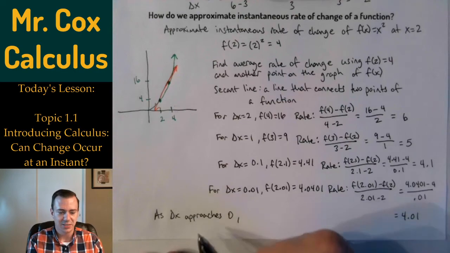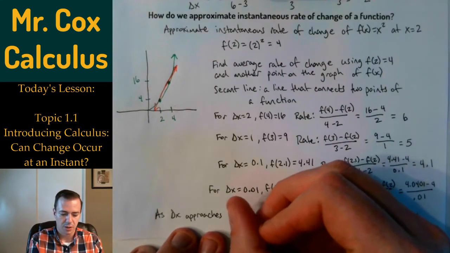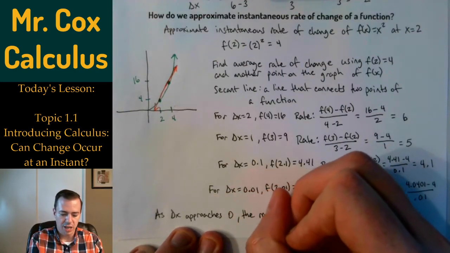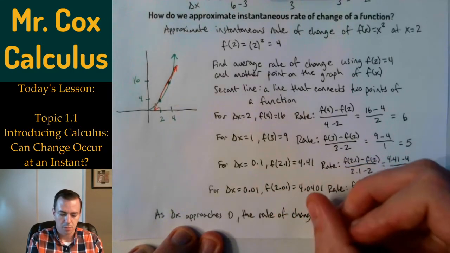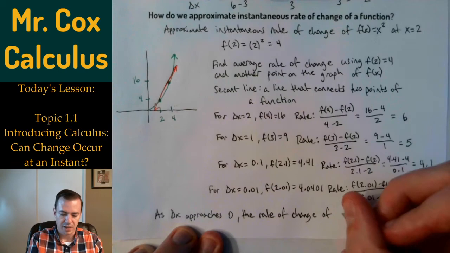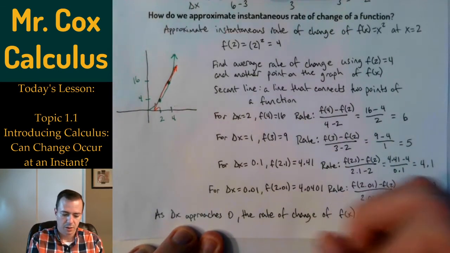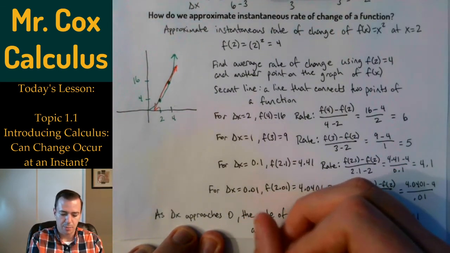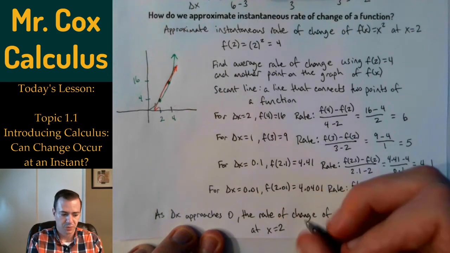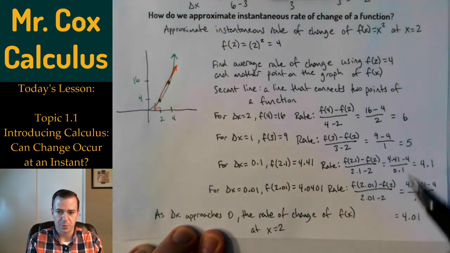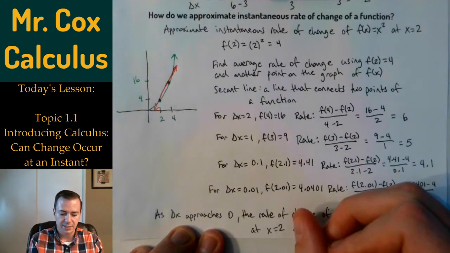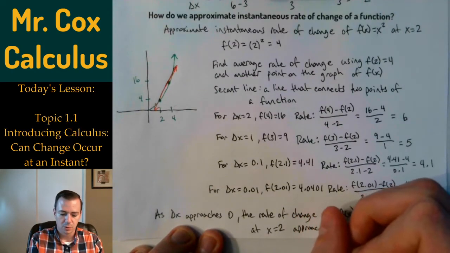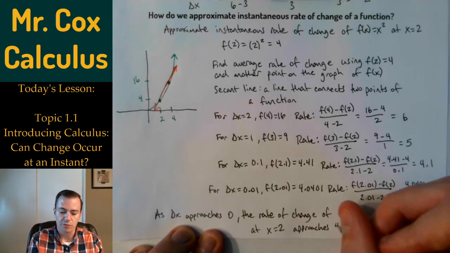So as this delta x is approaching 0, the rate of change of f of x at the point x equals 2, it sure looks like this rate of change, which we were calculating as we went along here, was itself approaching the value 4.